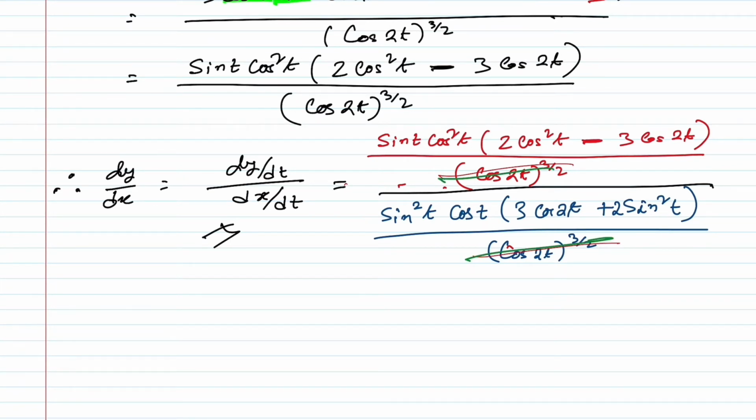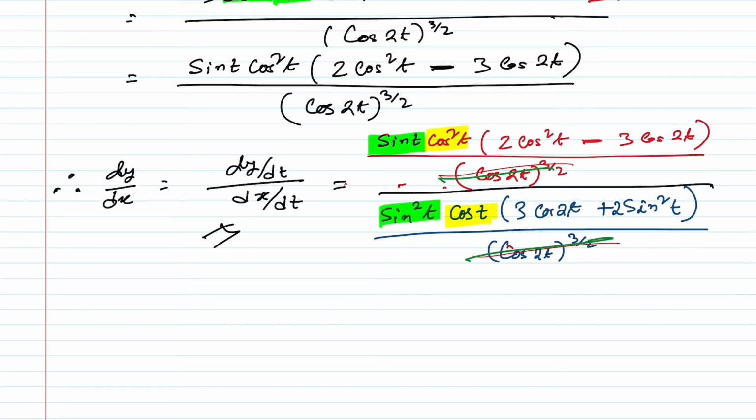So what are the remaining terms? Here we have cos square t and cos t, so one cos will be cancelled. Similarly here sin square t and sin t, one sin will be cancelled.